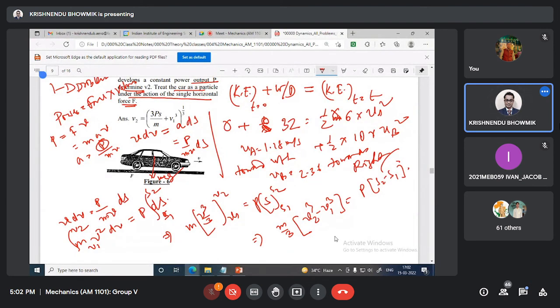Then v2 cube minus v1 cube equals 3 P s by m. V2 equals 3 P s by m plus v1 cube, power 1 by 3. Okay, that is the answer.